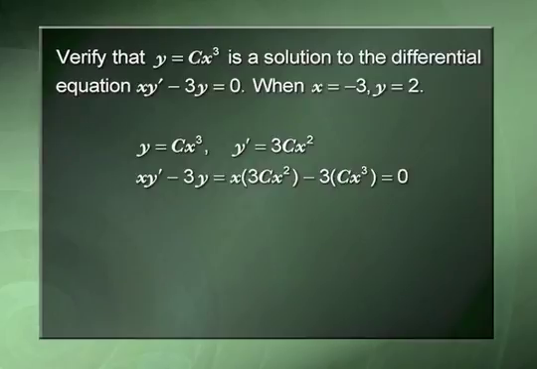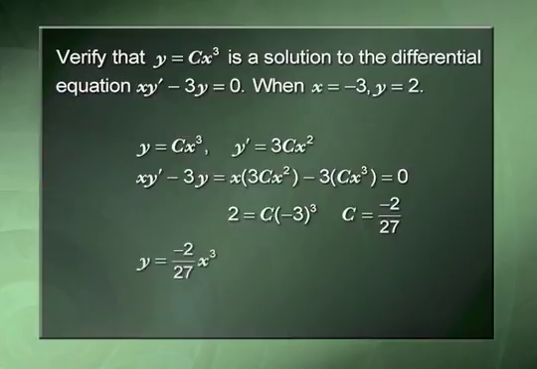What's the particular solution? Well, we know that when x is minus 3, y is 2. So plug those values in for x and y, and you get that 2 equals c times minus 3 cubed, and if you solve that, c is minus 2 over 27. So let's summarize. Our particular solution is y equals minus 2 over 27 x cubed.